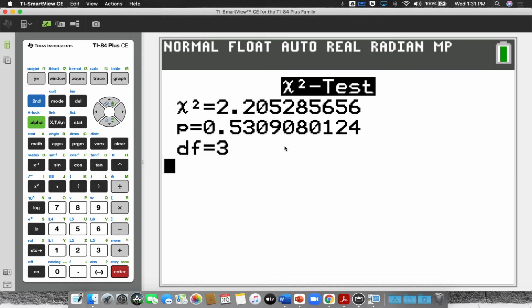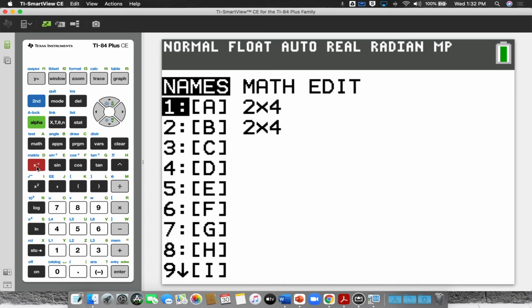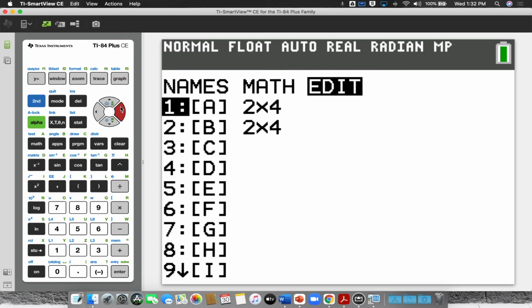Okay. So how did they do that without the expected? Because you need expected, right? Well, go back to your matrix. You want to see a magic trick? Go back to your matrix. Now there should be a B, the exact same size as A. Go to edit.